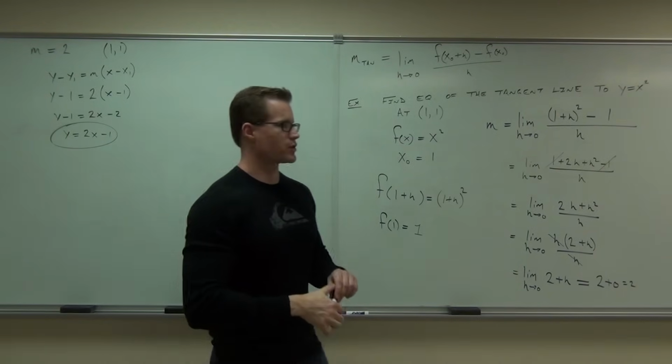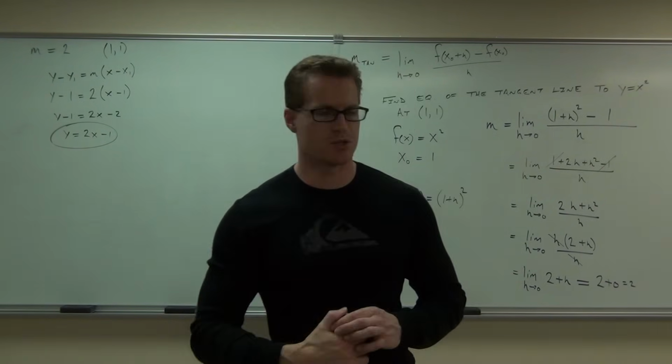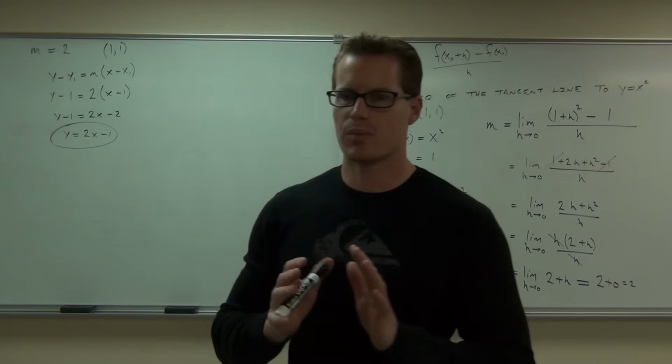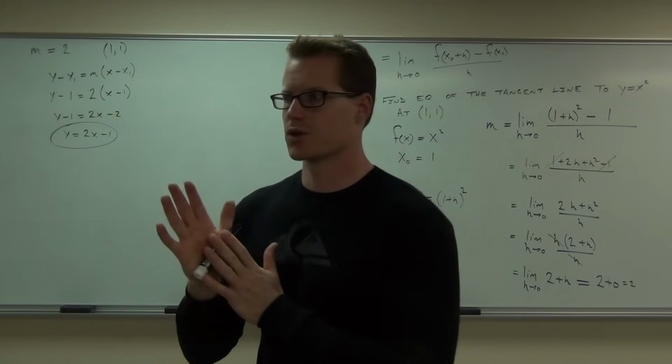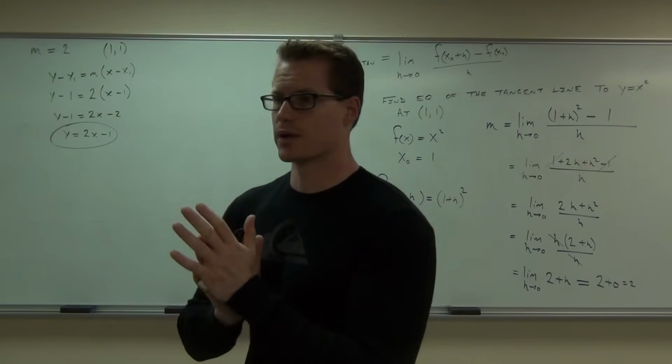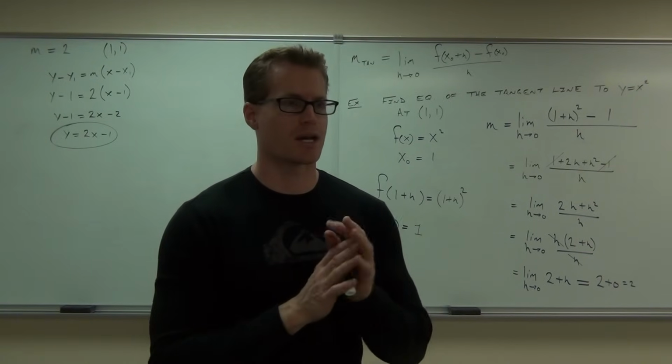What you just found on your paper, if you did that by yourself, is the slope of a tangent line to the curve x squared at a point. That's the only tangent line that's going to exist at that point.